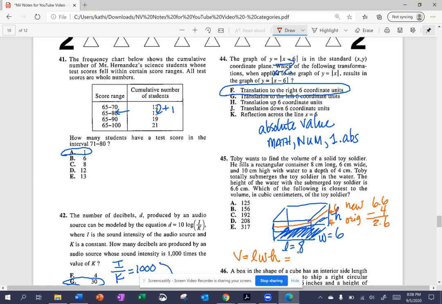So my length is 8, my width is 6, and my height is 2.6, which is 124.8 centimeters cubed. Which is close to 125.